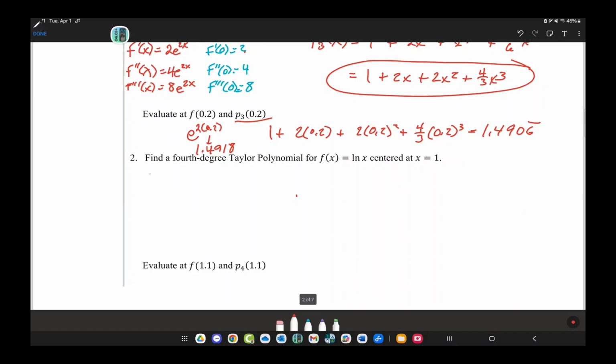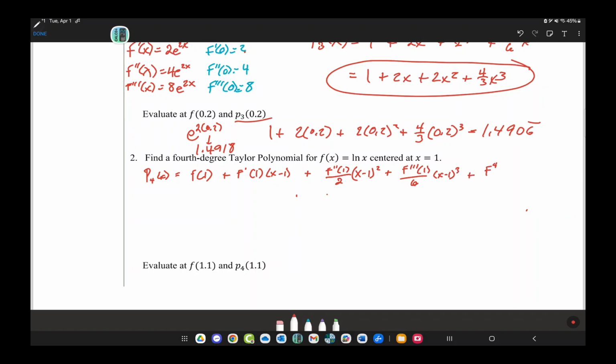So that means to just write this out, p of the fourth degree is going to be f of 1 plus f prime of 1 times x minus 1 plus f double prime of 1 over 2 times x minus 1 squared plus f triple prime of 1 over 6, because you already know 3 factorial is 6, times x minus 1 cubed plus f to the 4th.